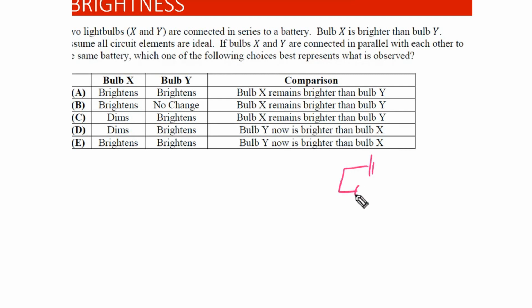So the best way is to draw the circuit. I just want to draw the circuit so we can save a little bit of time. So I will draw a circuit for you like this.